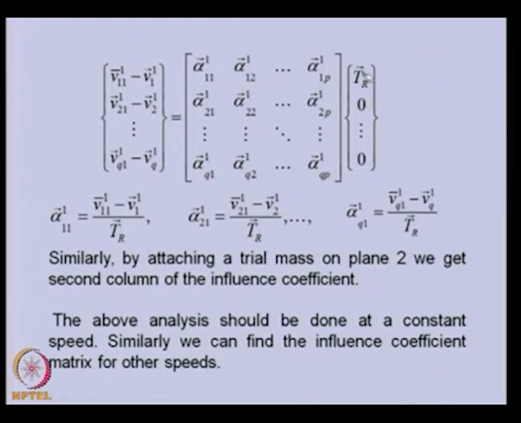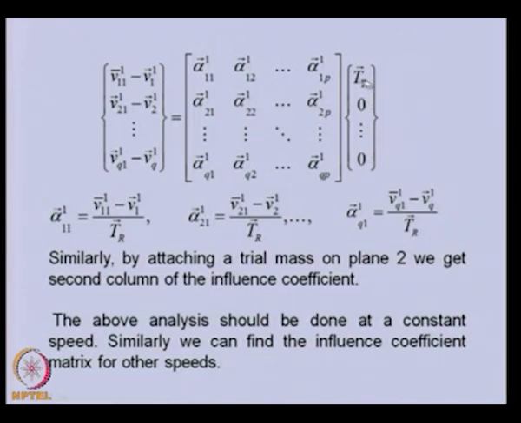Here all the residual unbalances will get cancelled because only the trial mass will be left out. So, that means once we are taking the difference of these two equations, one with trial mass and another without trial mass, we will get this equation in which all the residual unbalance will be cancelled out.